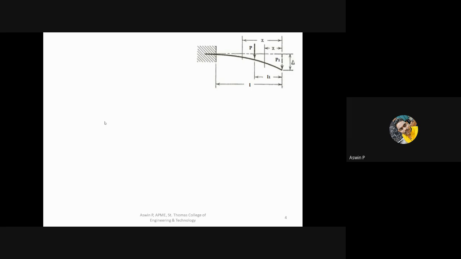Now we will find the moment. As we already know how to find the moment, moment is the product of load and distance. So in such a case, when we are taking x at a position between P1 and P, that is when the value of x is 0 less than x less than L1, the moment at this particular point will be the product of P1 into x.